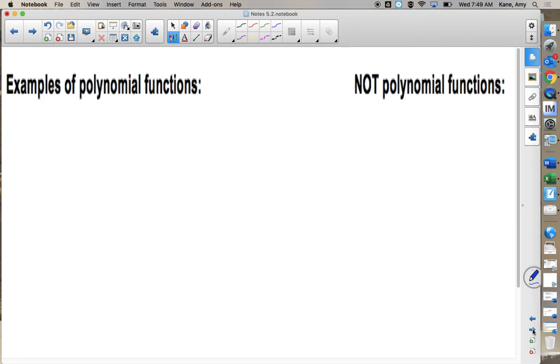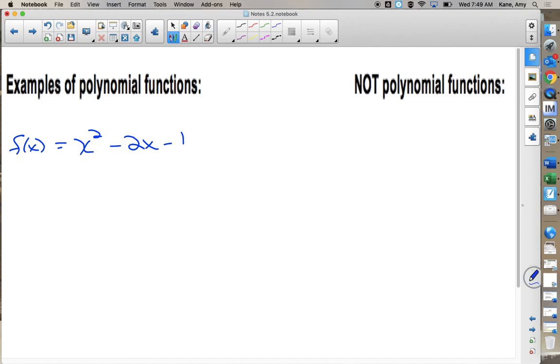Can anybody give me an example of a polynomial? So think kind of what the definition says. Nick, what do you think? Y equals x squared minus 2x minus 1. Yeah. So polynomial. Powers descend. We start with a power of 2, and then we just have an x, which really has a power of 1, and then it ends in a number. So that's a polynomial.